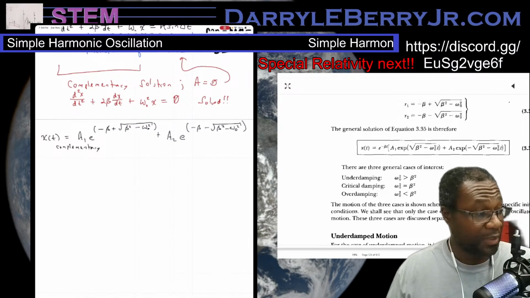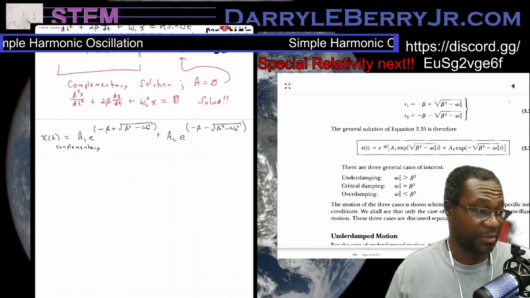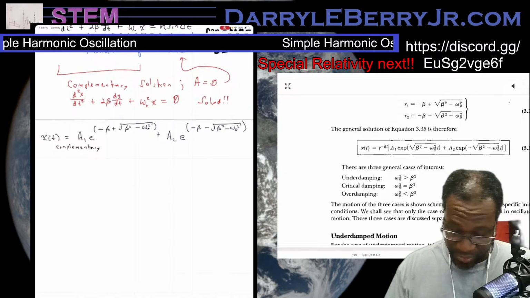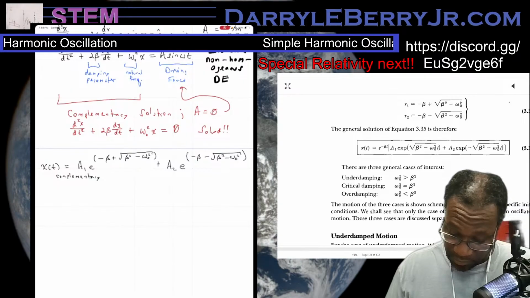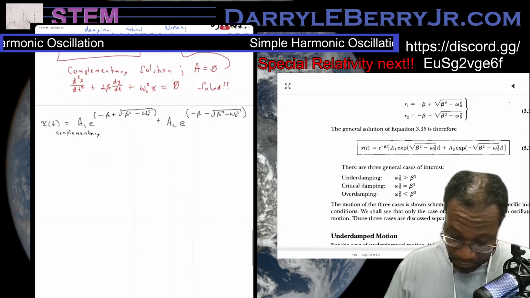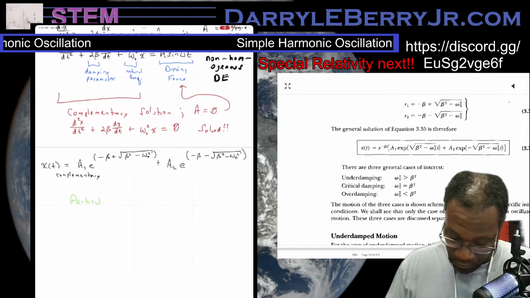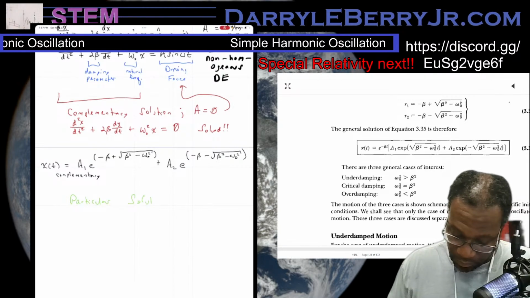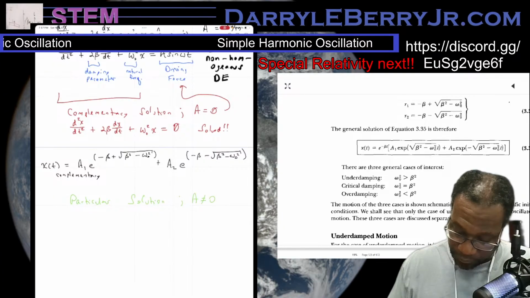And then we have the particular solution. So the particular solution is the solution given that we have our force on the other side. So let me do particular solution, A not equal to zero.